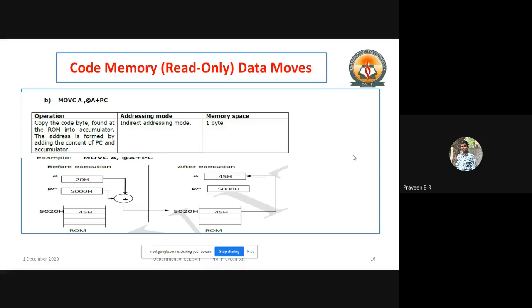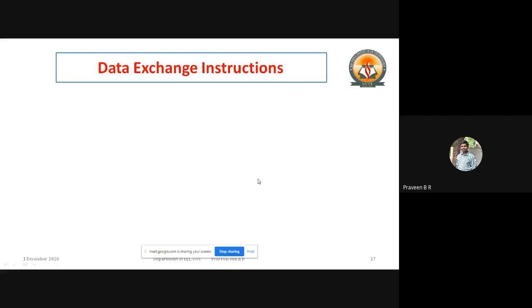So 5000 plus 20 is 5020. It goes to 5020 H memory location. The data present in 5020 is 45, which will be copied to the accumulator. So this is what we call code memory data moves.